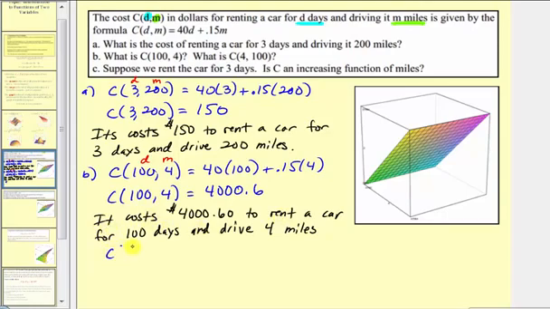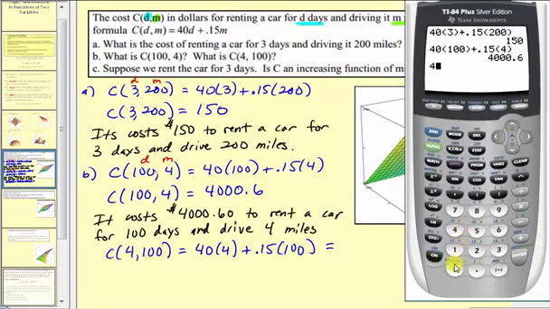And C of 4 comma 100 would be equal to 40 times 4 plus 0.15 times 100. This will represent the cost to rent the car for 4 days and drive 100 miles, which would be much more realistic.